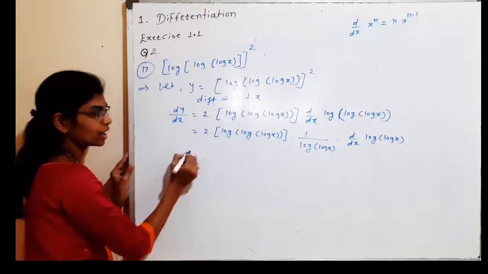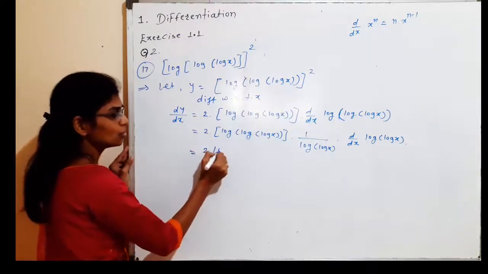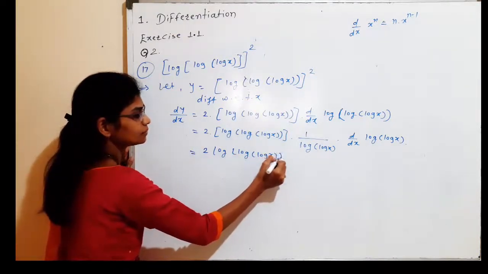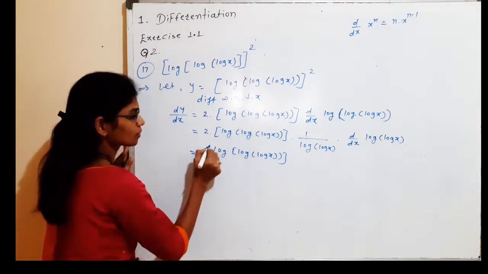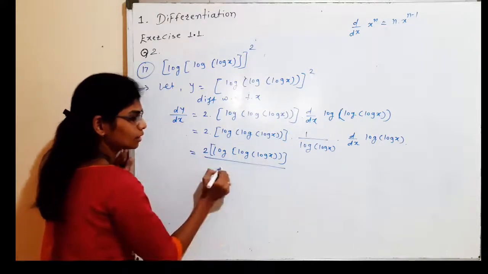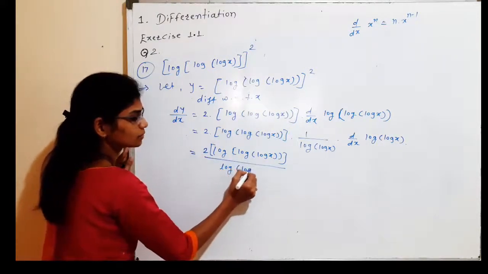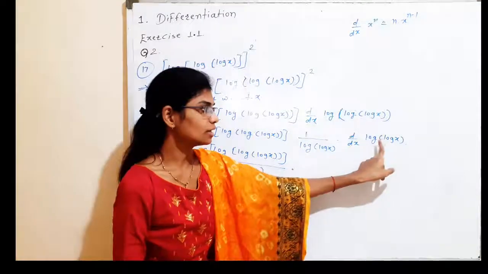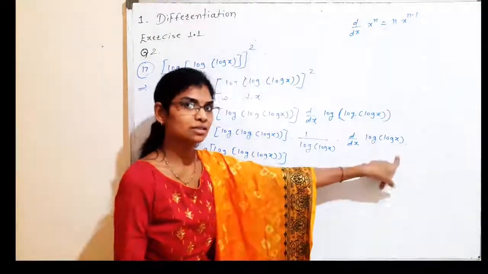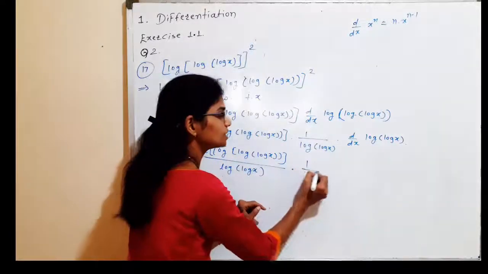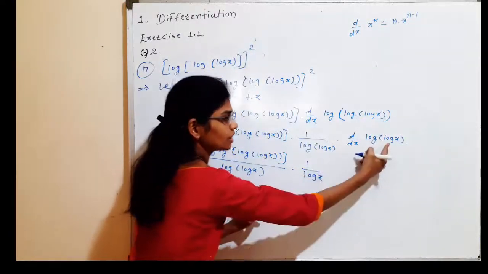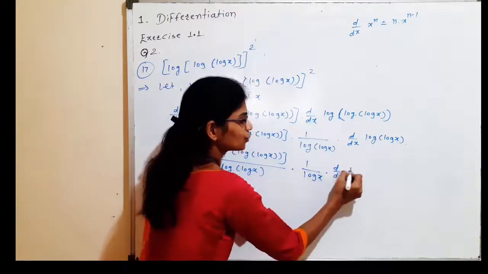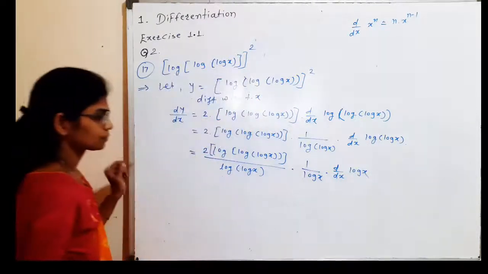At next step we can write 2 into log x as it is, divided by log x, multiplied by the derivative of log x, that is 1 by x. Therefore its answer is 1 divided by log x, multiplied by, again, the derivative of that bracket, it means the derivative of log x.